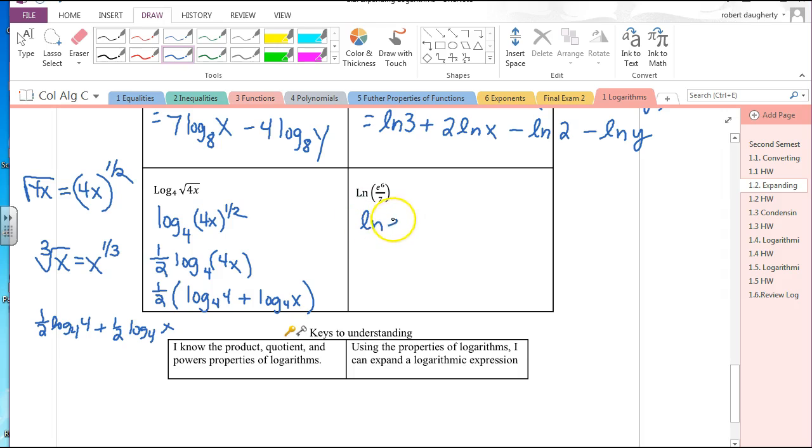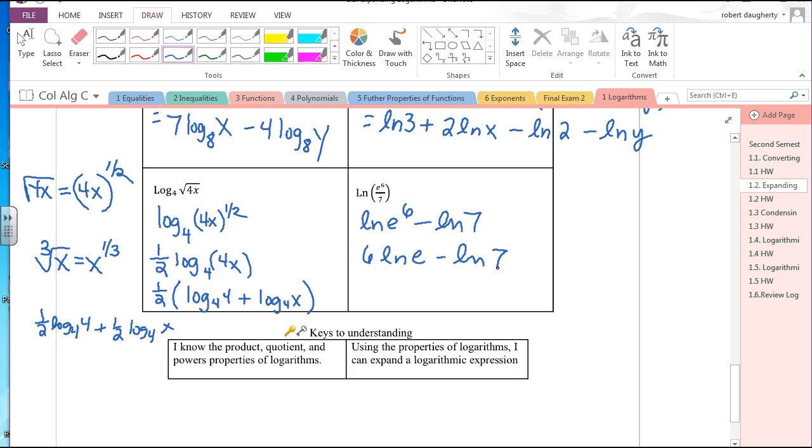So this is the natural log of e to the 6 minus natural log of 7. And what can I do with this one now? This is 6 times the natural log of e minus the natural log of 7.